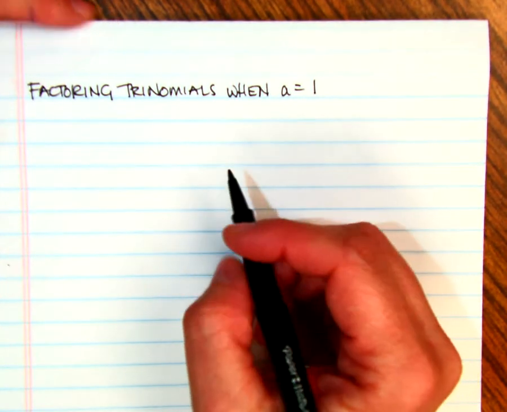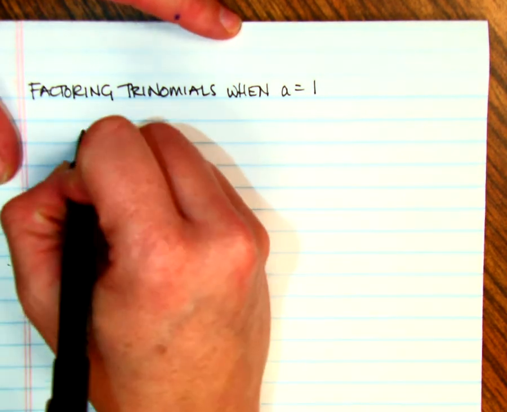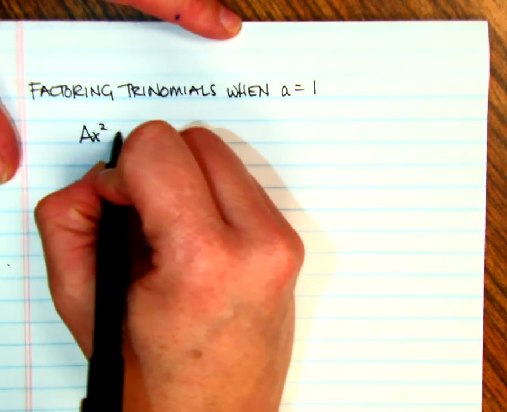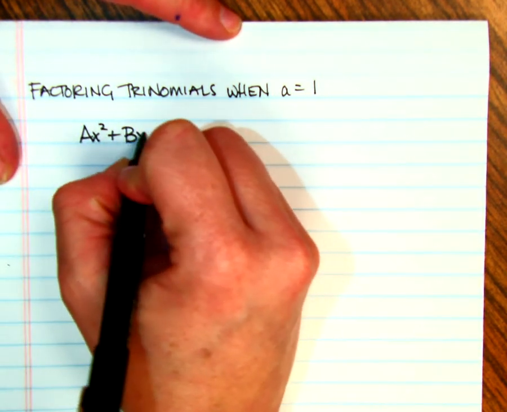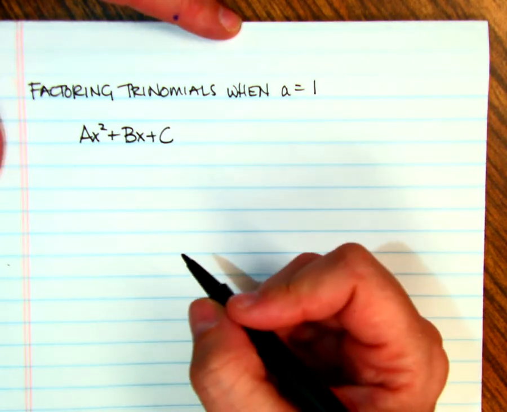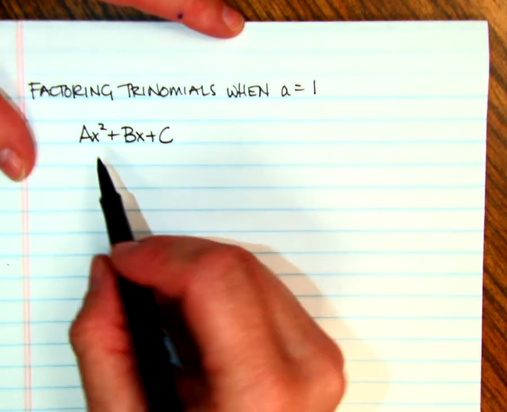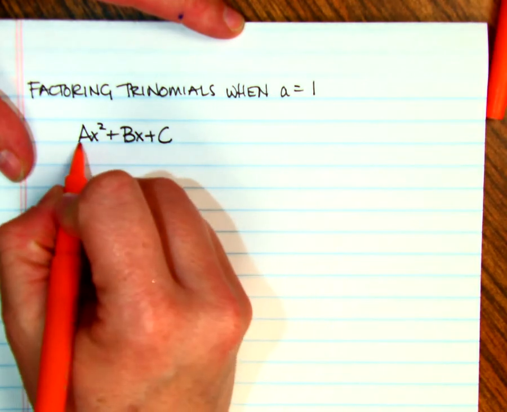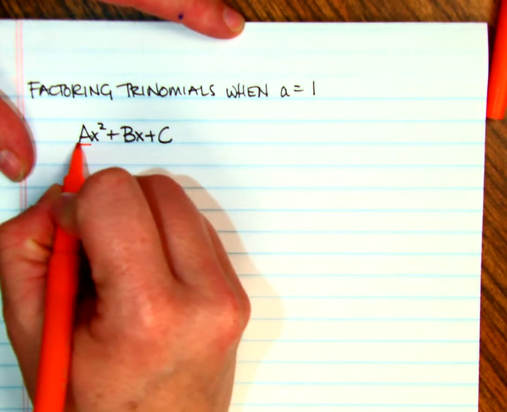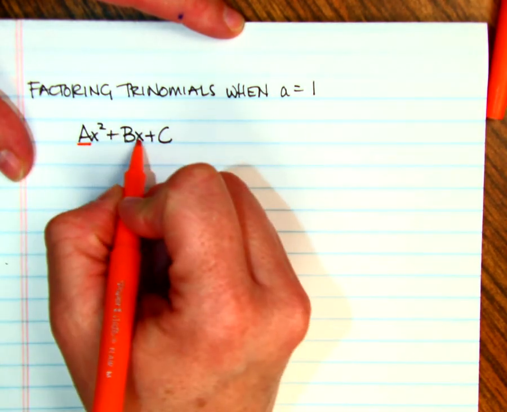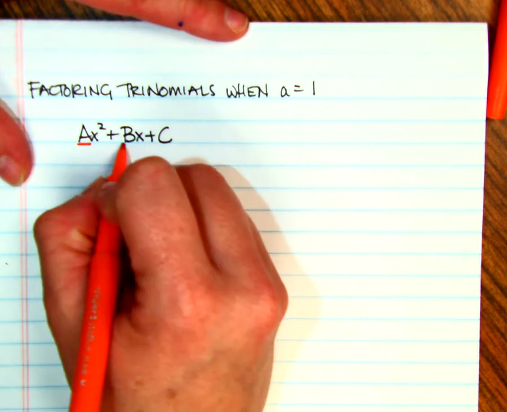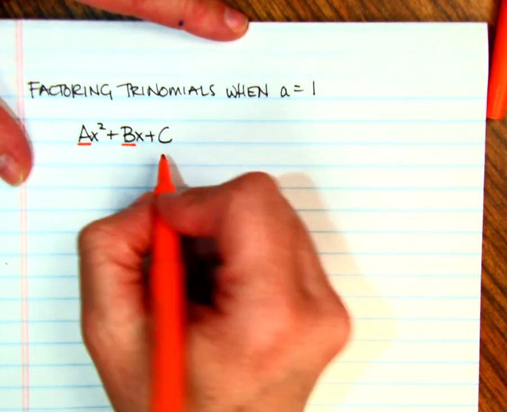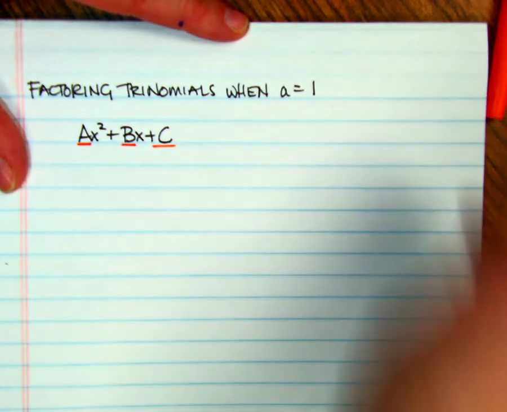Okay, when you have a trinomial, it is in the form of ax squared plus bx plus c. So the coefficient, or in other words, the number in front of the squared term or the quadratic term is a. The number that is in front, or the coefficient of the linear or the x term, is b, and then your number is c.